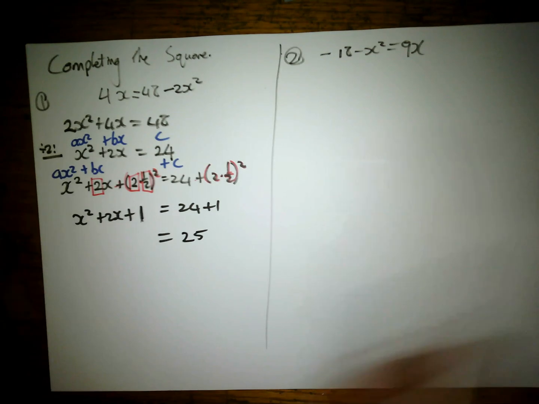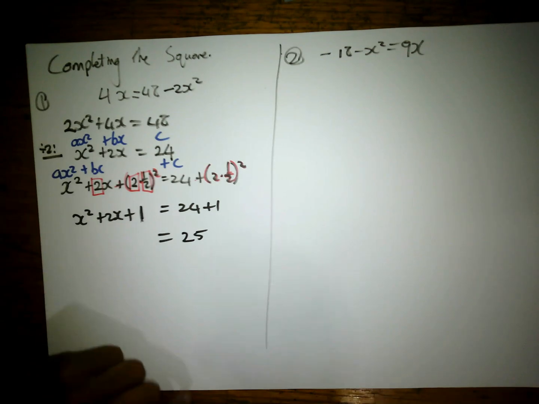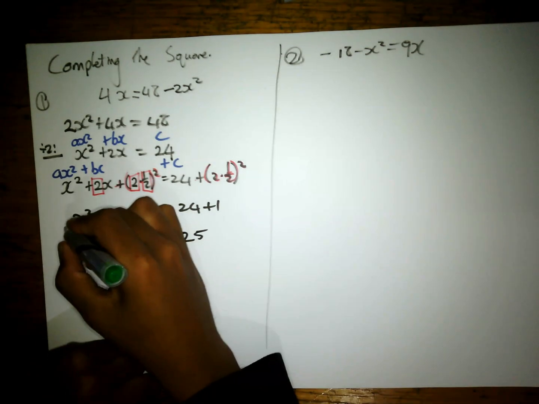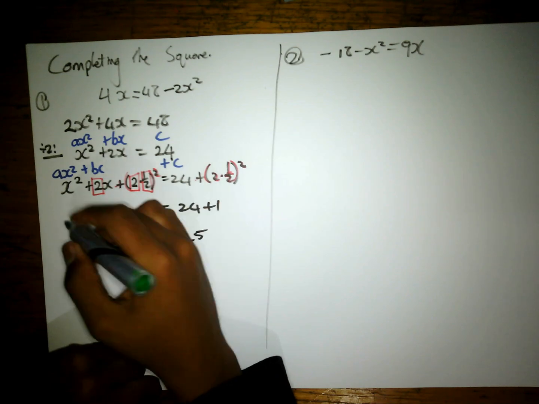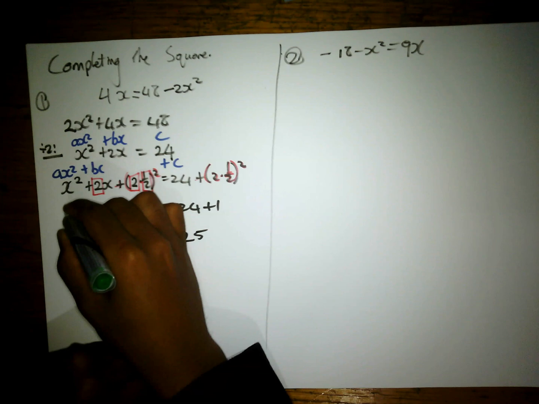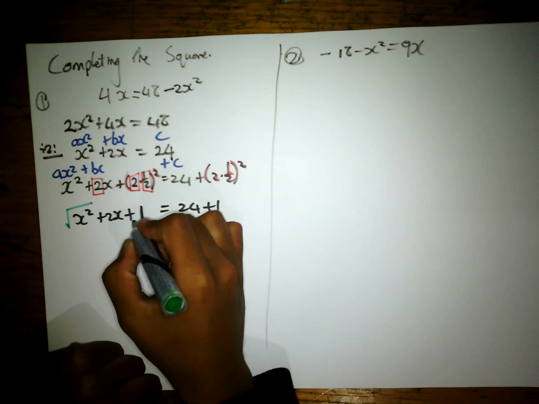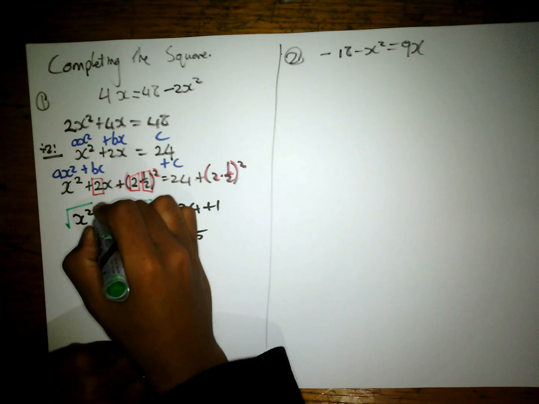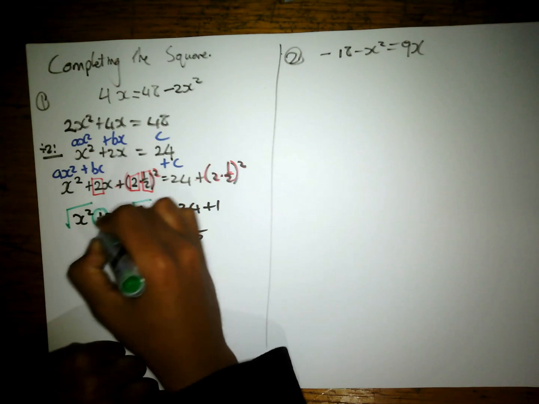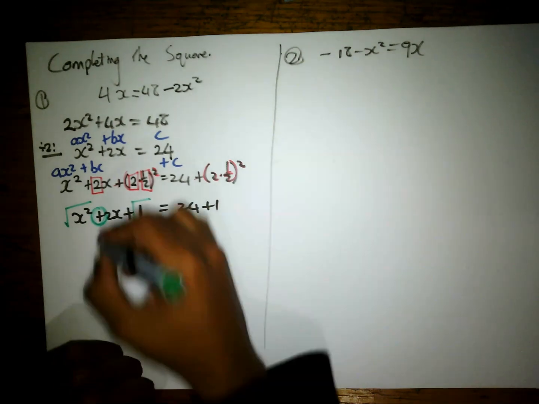So what you do now is you're going to factorize this using this method. You're going to square root that one, and that one. Then whatever sign is there, you bring it down.